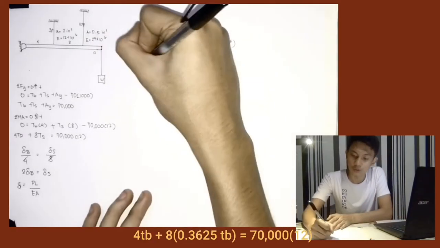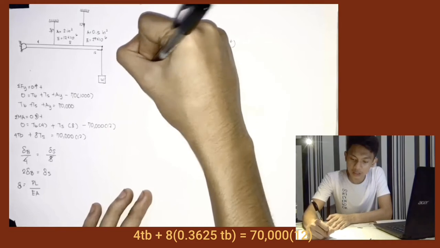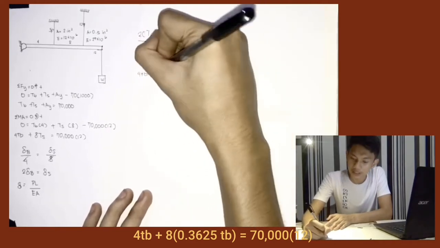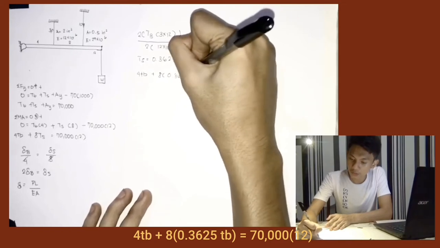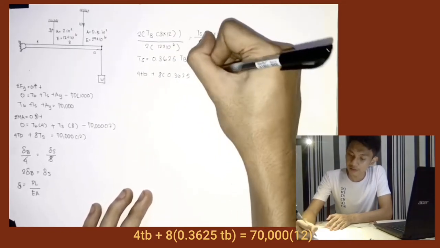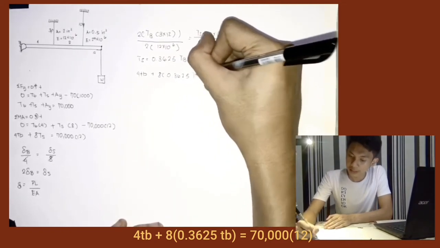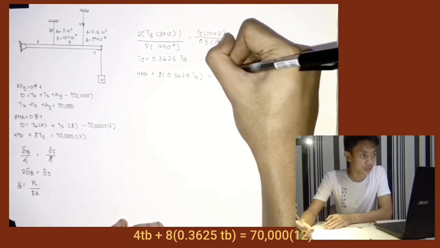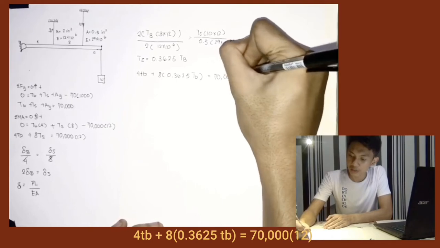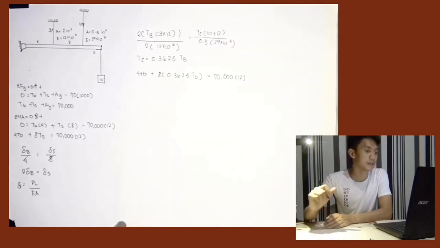So 4 TB plus 8 times 0.3625 TB is equal to 70,000 times 12.